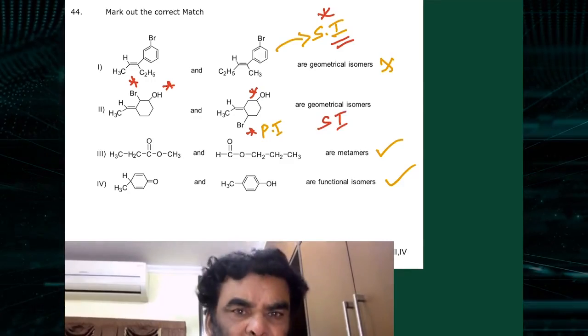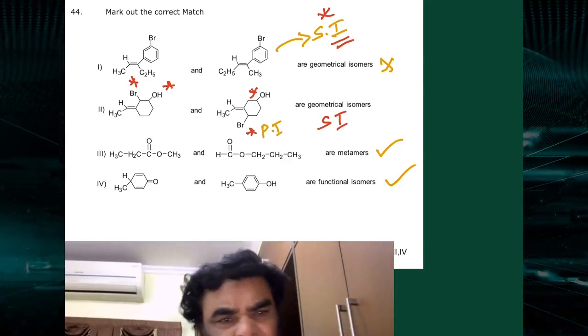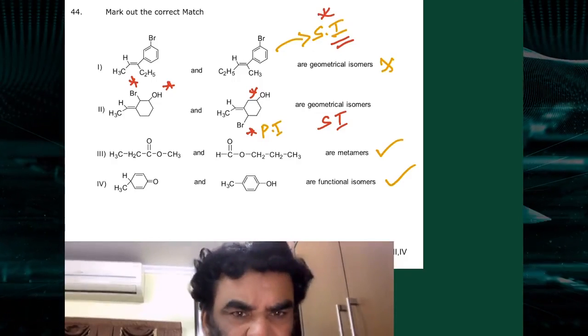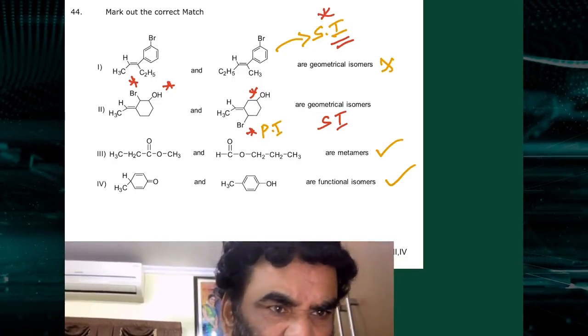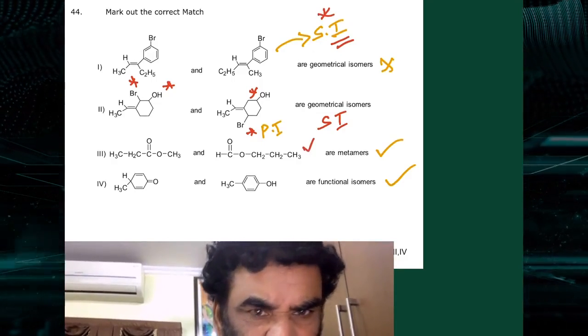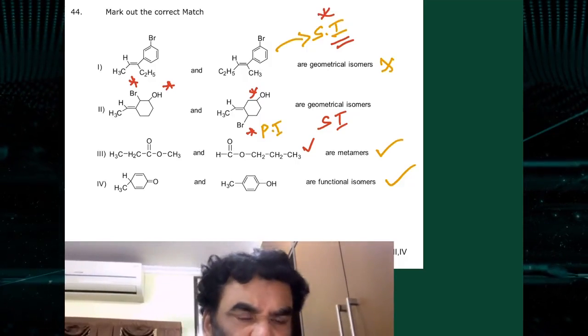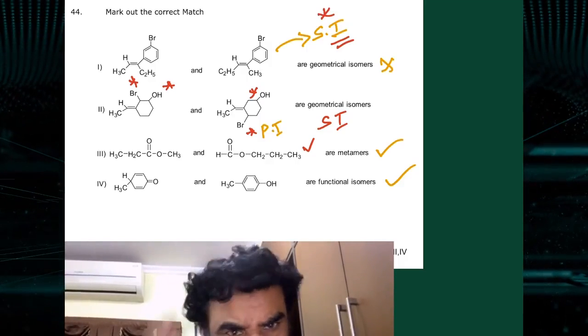These are position isomers. The next one is structurally different, they are structural isomers. These are the metamers, correct? They are metamers, both are esters, and they differ in the nature of the groups connected to the polyvalent functional group.